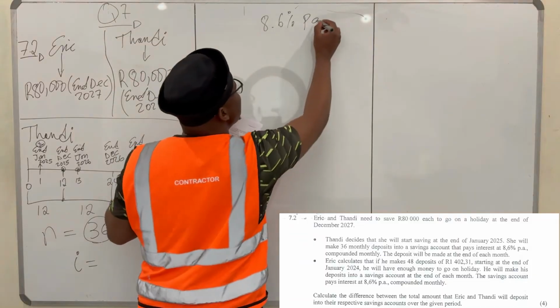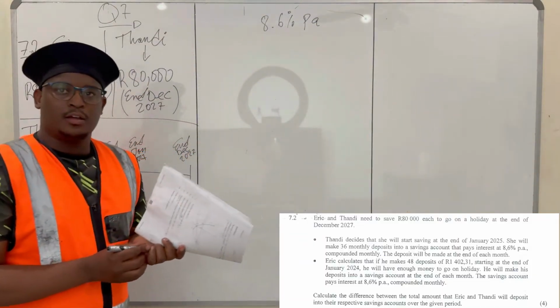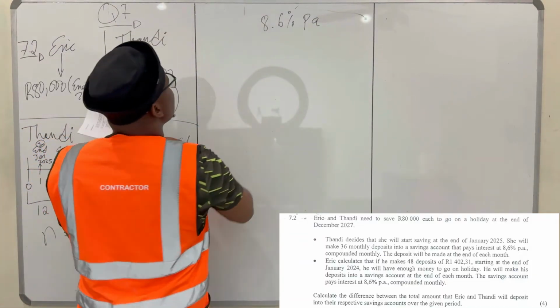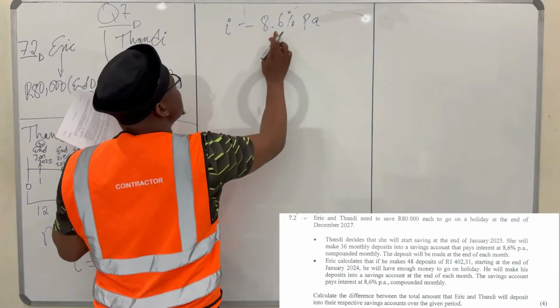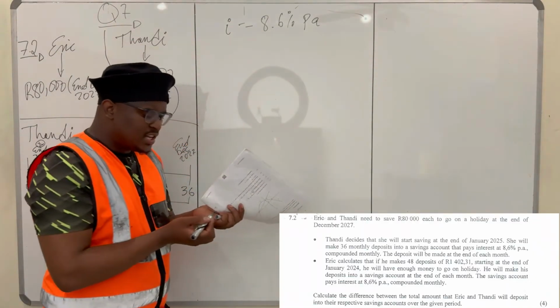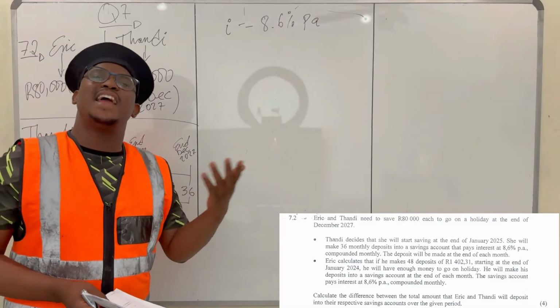Per annum means per year. Annum is a year. The interest rate that she's earning is 8.6% per annum, which means she's getting 8.6% a year.